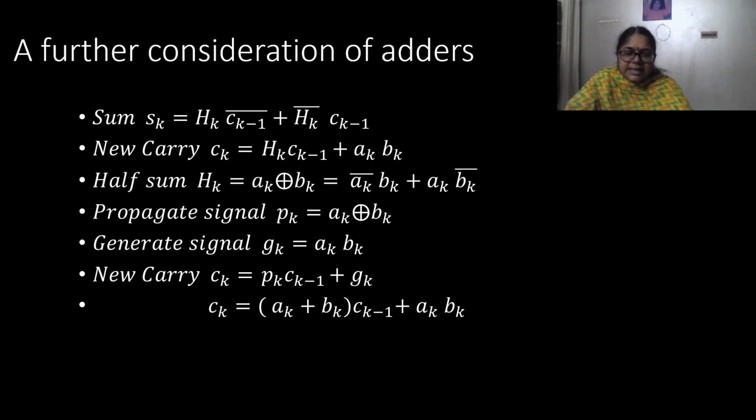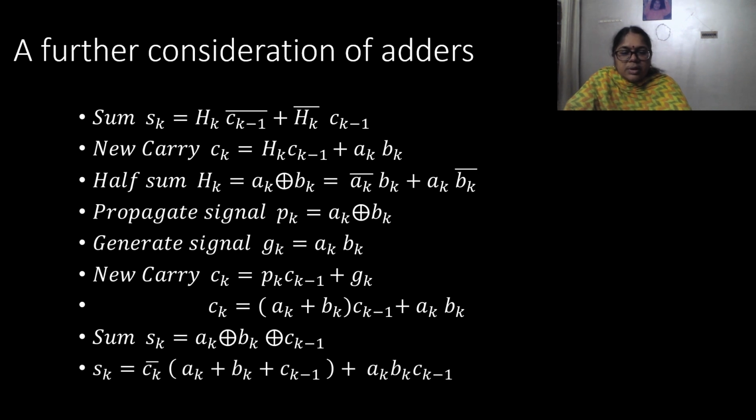So, we can see from these two expressions that Pk, that is Ak XOR Bk or Ak plus Bk, can be used interchangeably. The sum bit obtained from the adder is given as Sk is equal to Ak XOR Bk XOR Ck minus 1. So, we can also write the sum as Ck bar, that is new carry whole bar, into Ak plus Bk plus Ck minus 1 plus Ak Bk Ck minus 1.